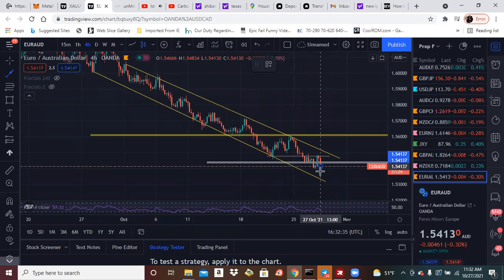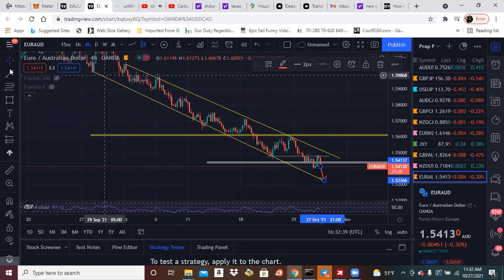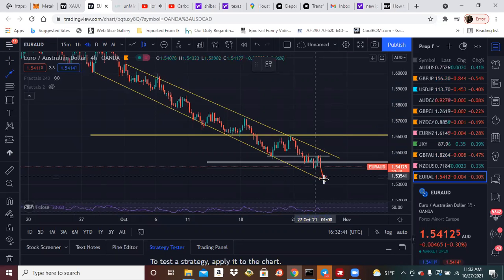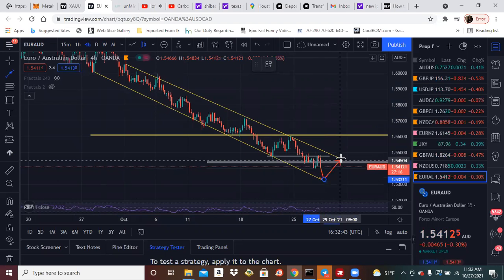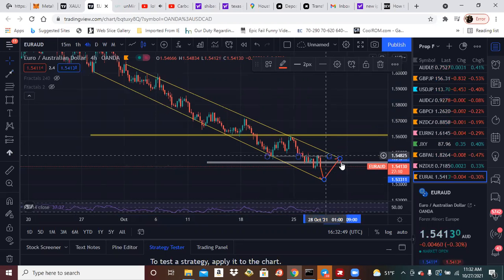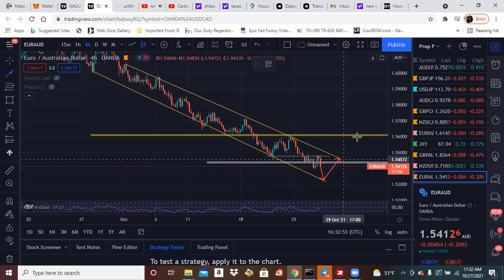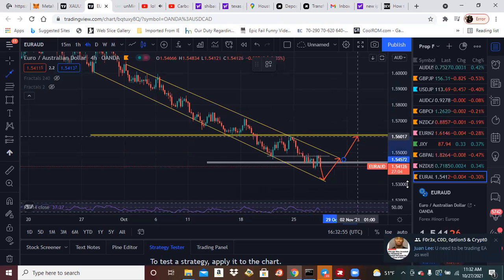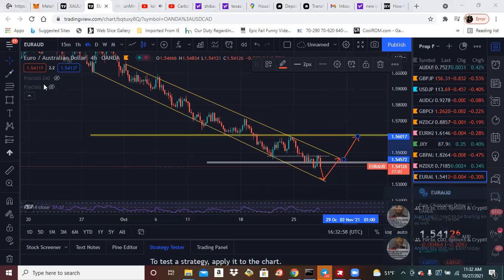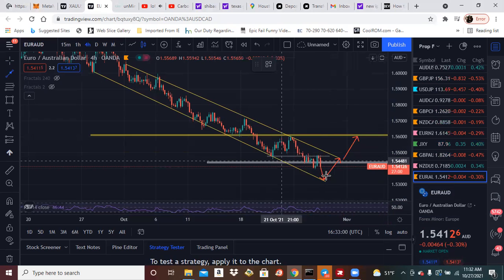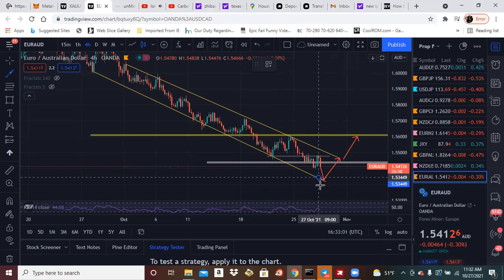If this continues to push back down to this trend and we get some bullish pressure to push it back up to here and break this area of interest, then we get a retest. Once we get that retest, then we can take it back up to here. But if it comes down here and breaks this channel, this is gone.